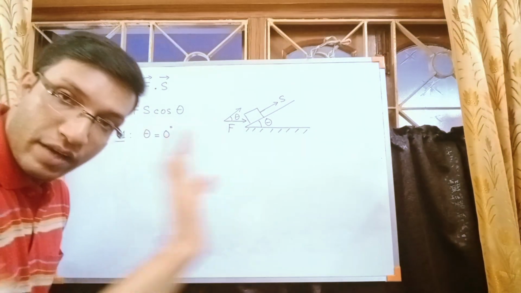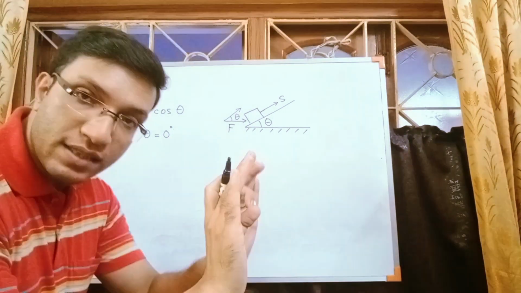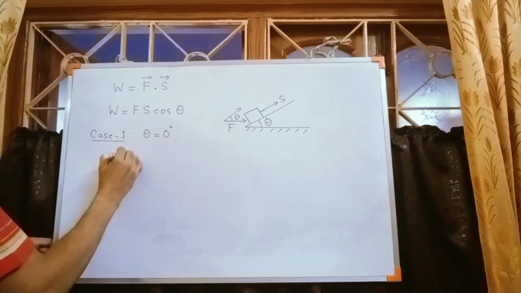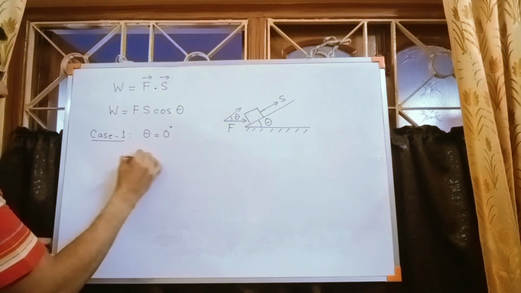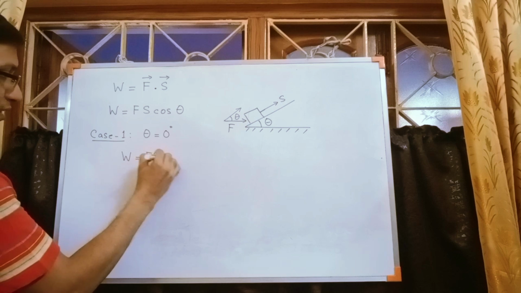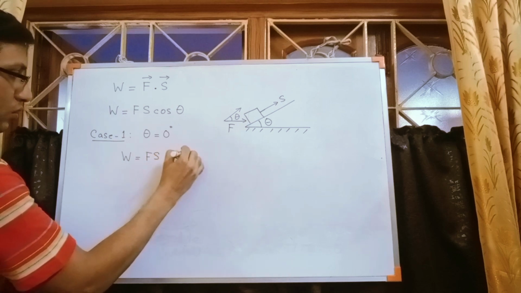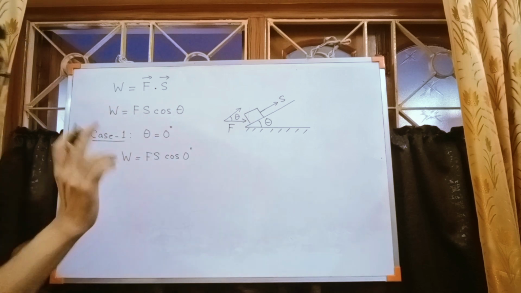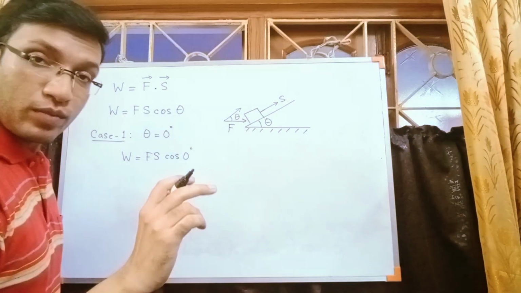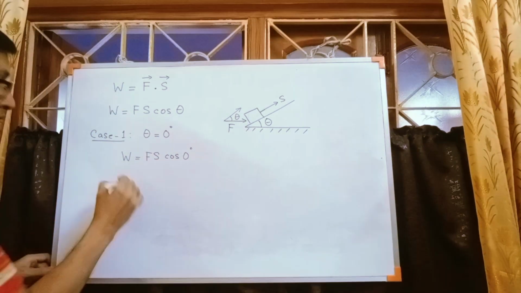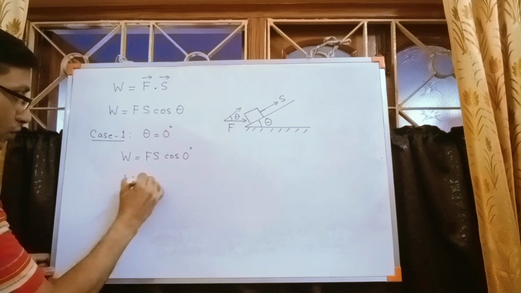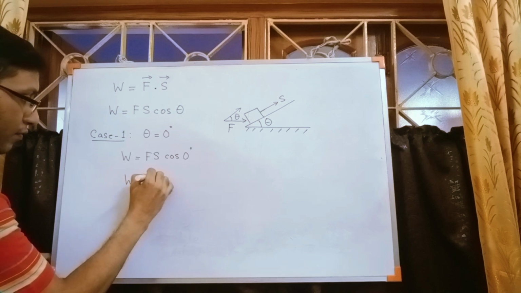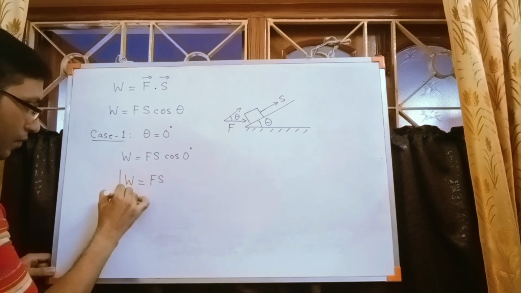So in this case, work done will be Fs cos 0 degree. Now we know that the value of cos 0 degree is plus 1. So work done will be equal to Fs.